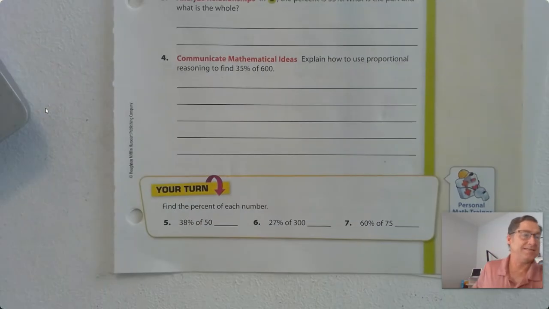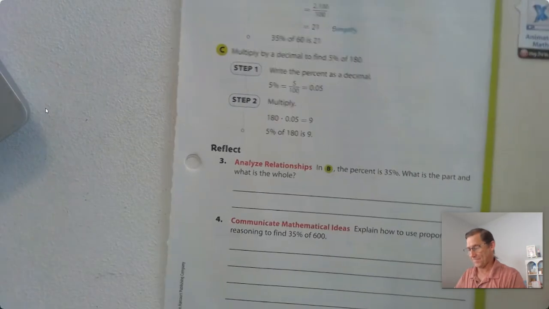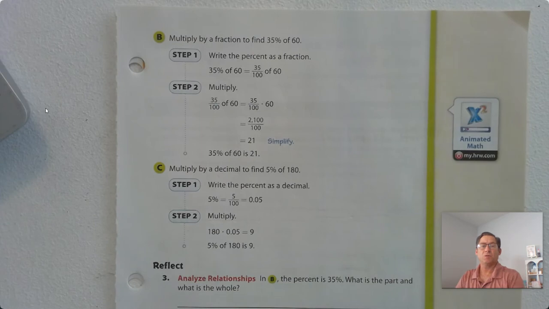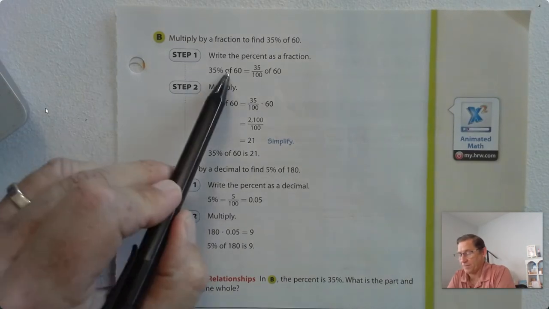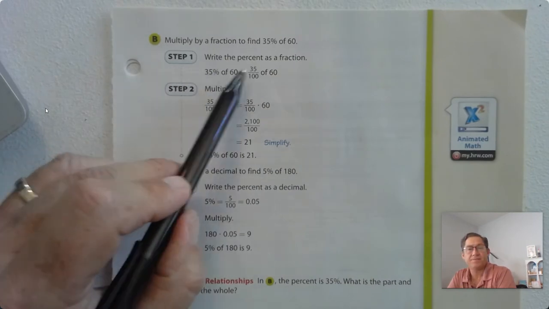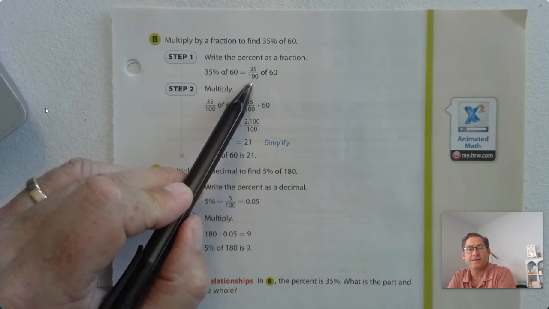Okay, let's look at page 219. Part B. We can also multiply a fraction to find 35% of 60. So remember we said that of means multiply. So 35% of 60 means 35 out of 100.